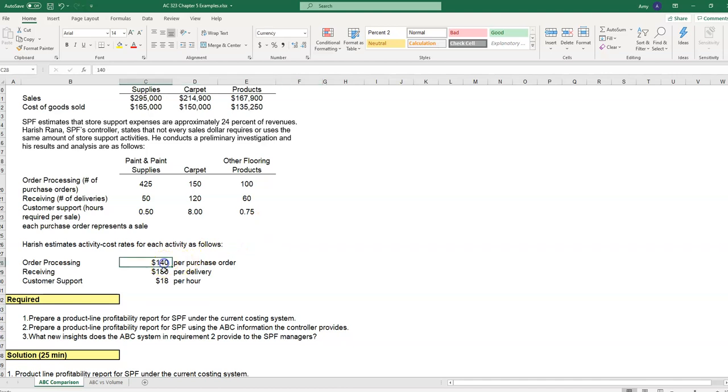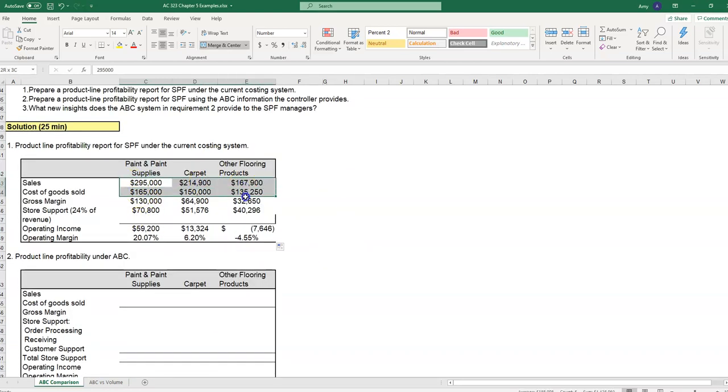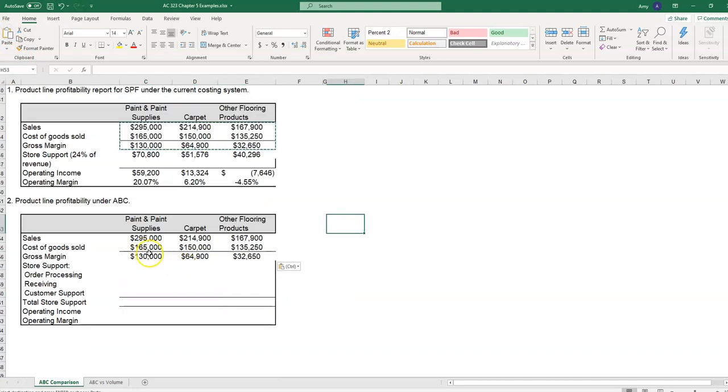So we have each activity, and then we have the usage of those activities. So the first part of our analysis is exactly the same. We have our sales, we have our cost of goods sold, and we have our gross margin.